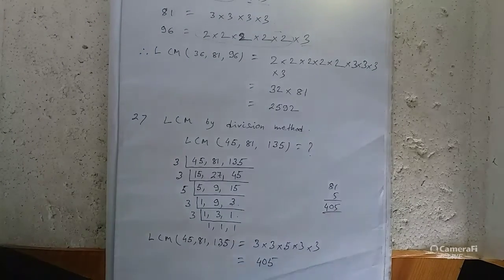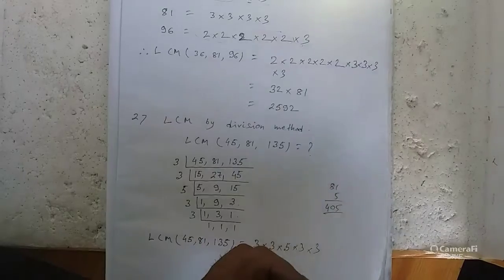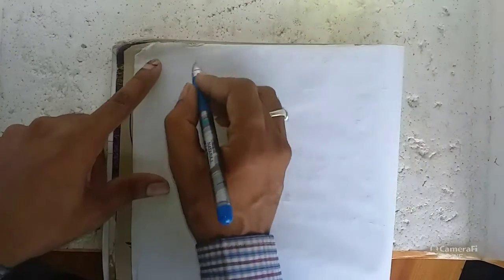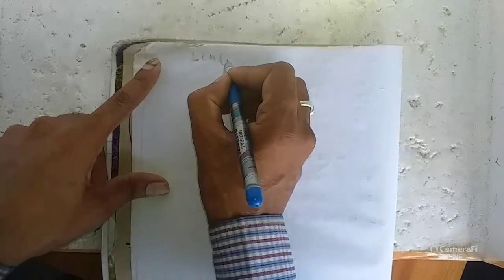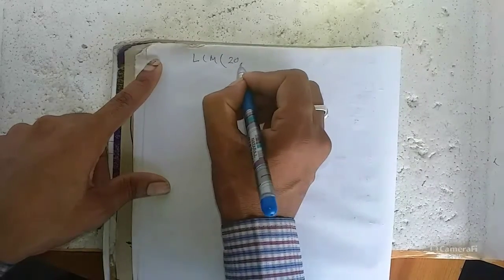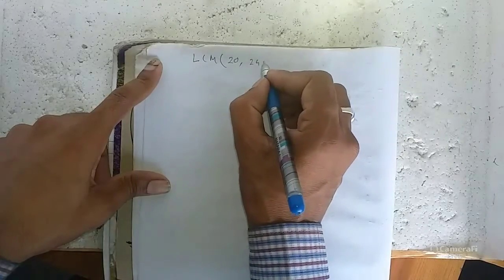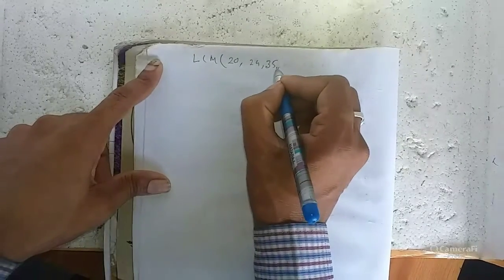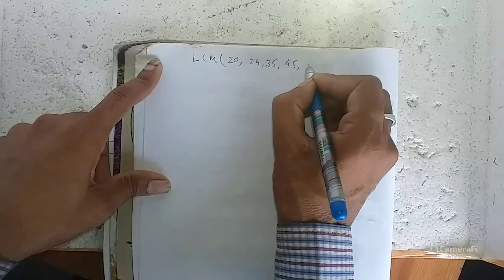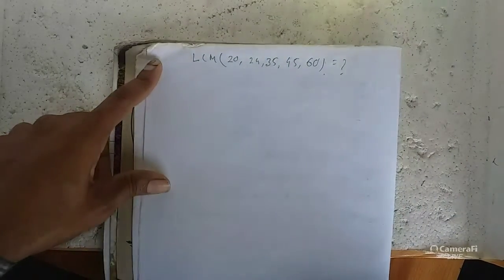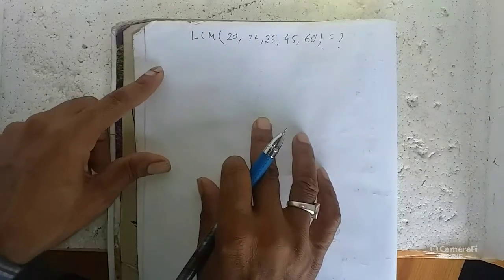Let us take another example to find the LCM in the same method, division method. Suppose we have to find the LCM of 20, 24, 35, 45 and 60. 5 numbers are there. We have to find their LCM.